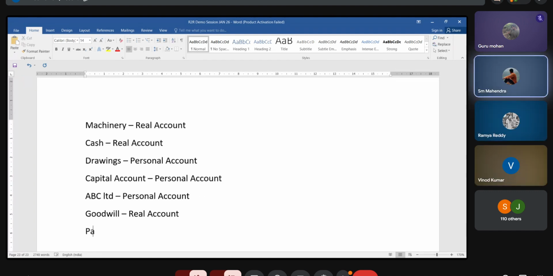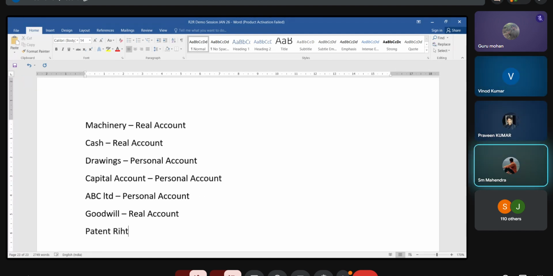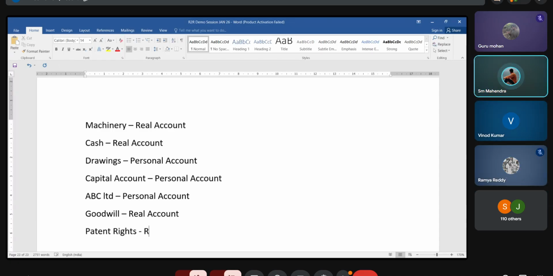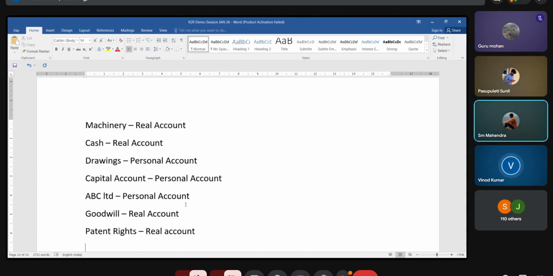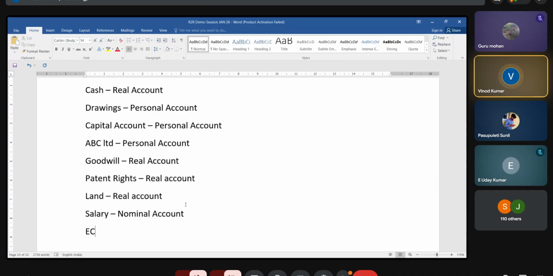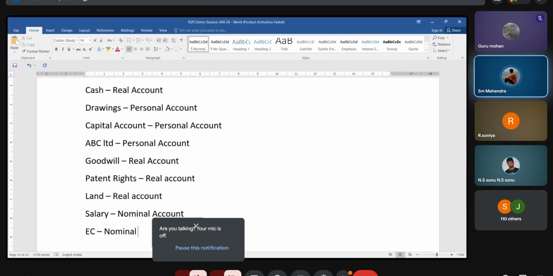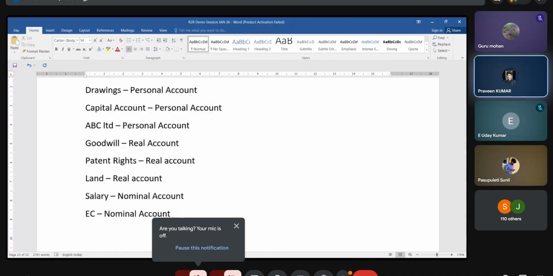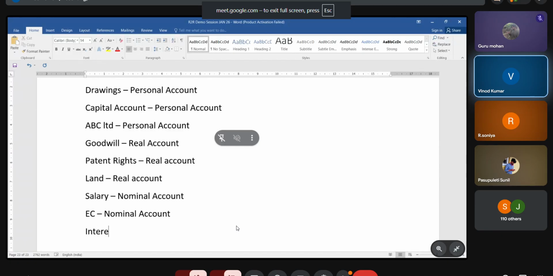Patent rights, real account. Land, real account. Salary, nominal account. Electricity charges, nominal account. Interest, nominal account.